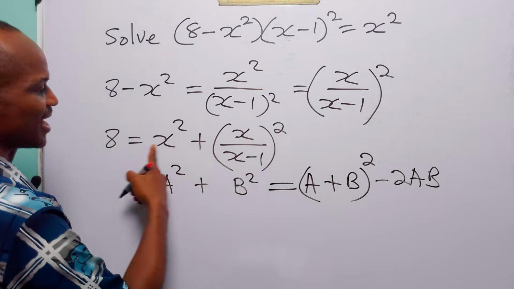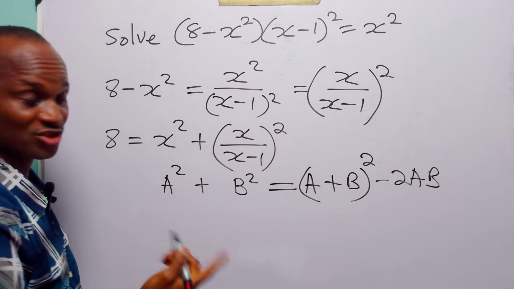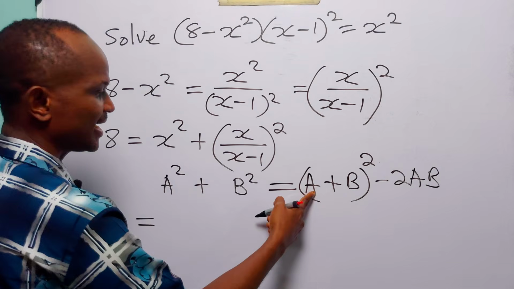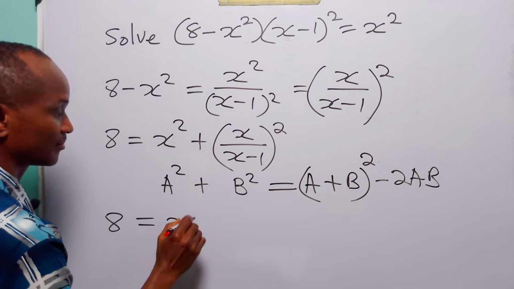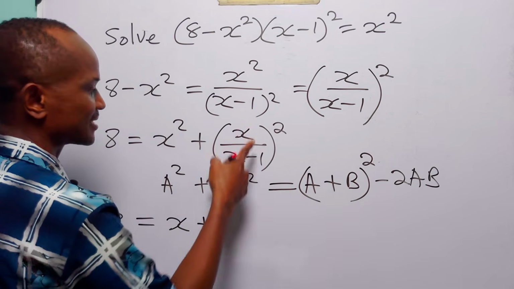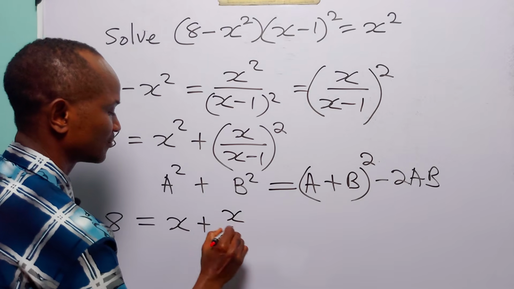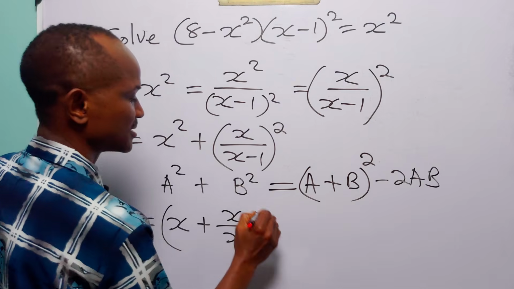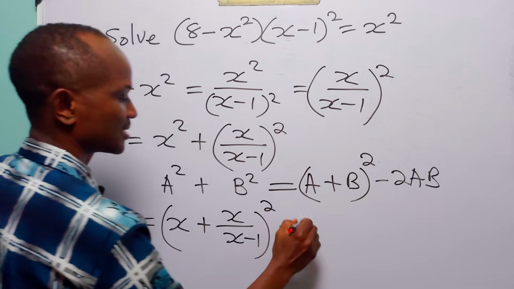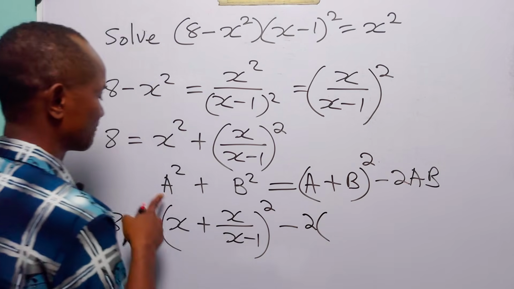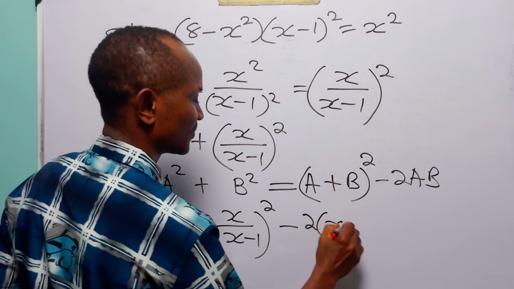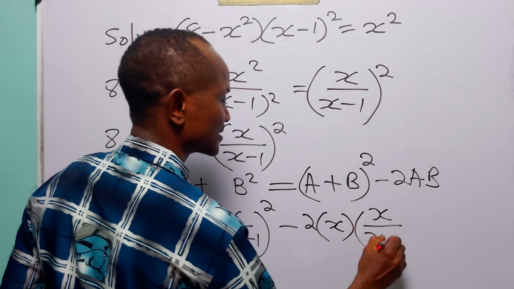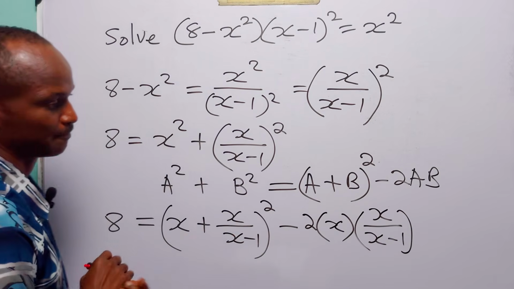That means that we can write the right-hand side of this equation as (a, which is x, plus b, which is x over x - 1) squared, minus 2 times a, that is x, times b, which is x over x - 1.